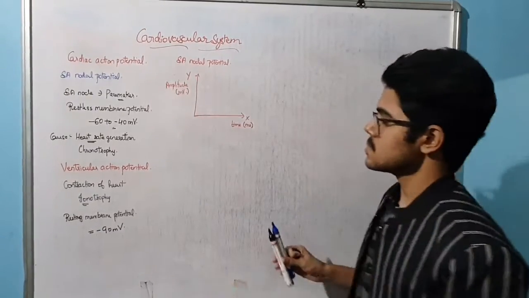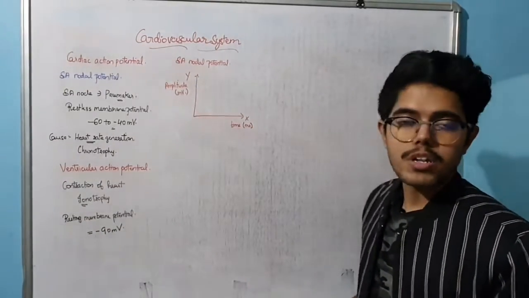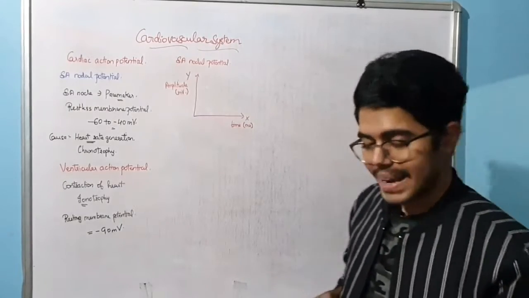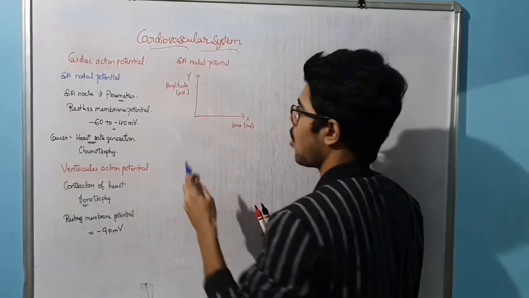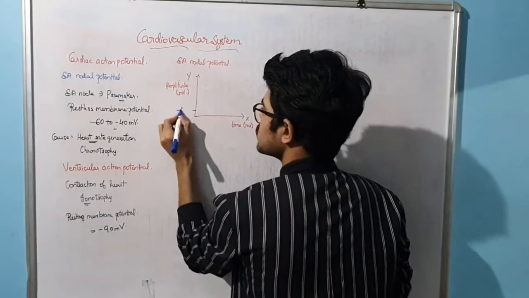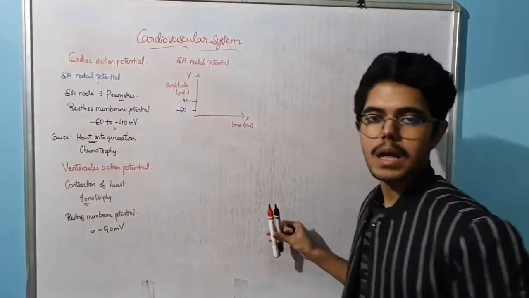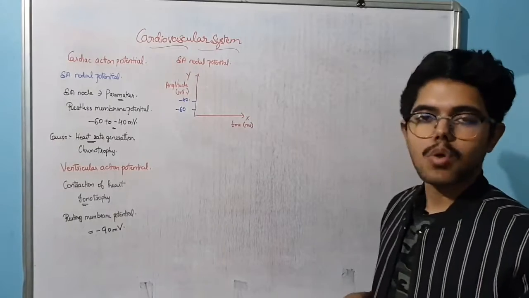Now what really happens? We know that the SA nodal potential is a restless membrane potential, and the value belongs to -60 to -40 mV. So I draw the values -60 to -40 mV. Now the value is oscillating.